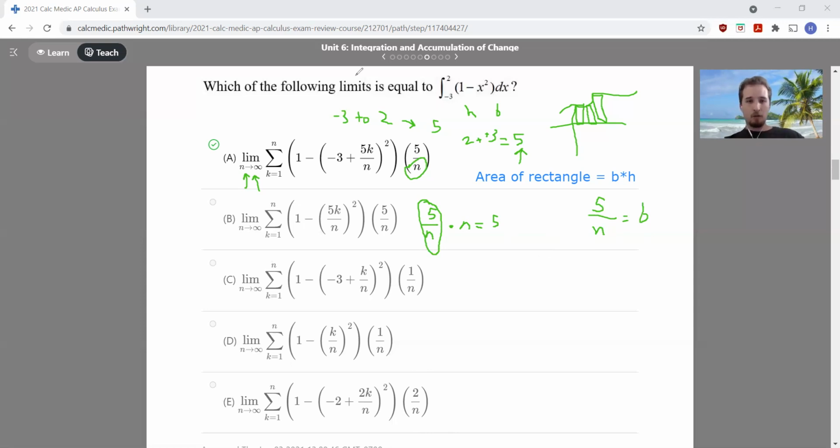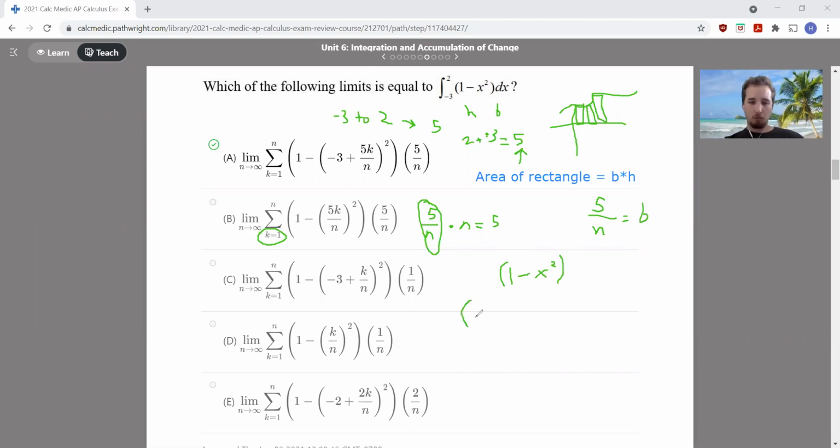Let me just erase this real quick. Remember, all of these, you're counting for each k. So our height is represented by 1 minus x squared. That's going to be our height. So we need to figure out what we replace for x.